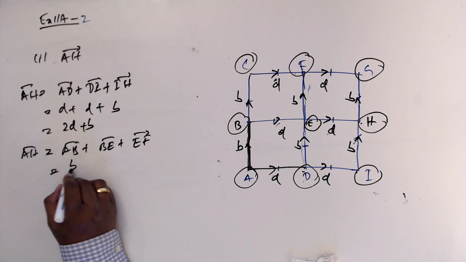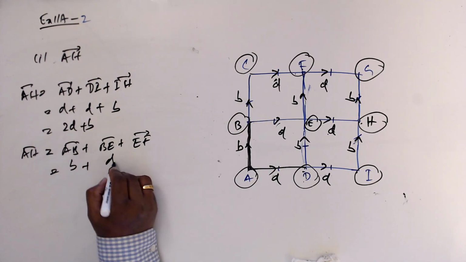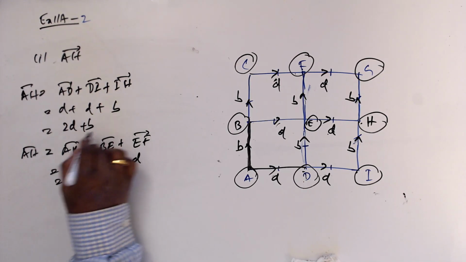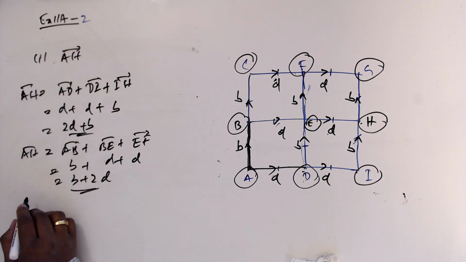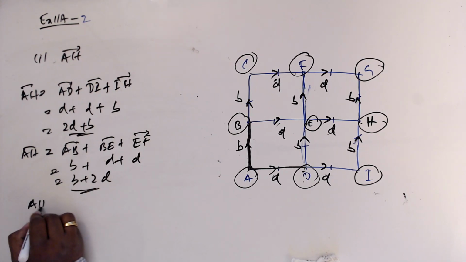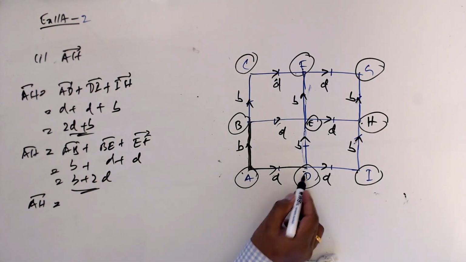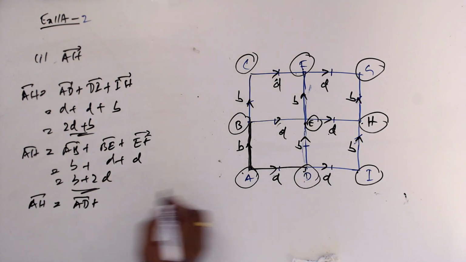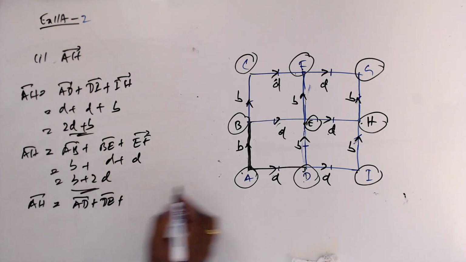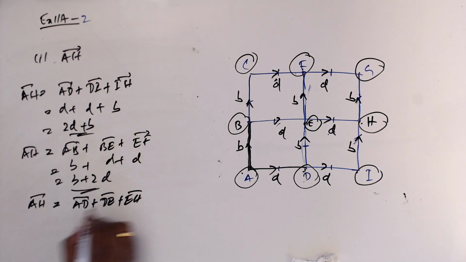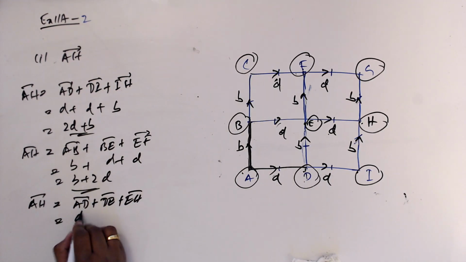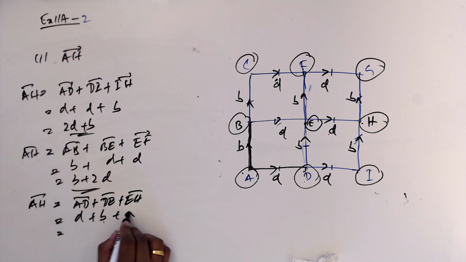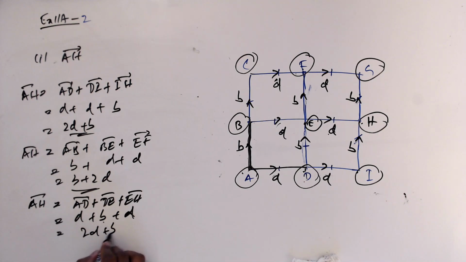AB is B plus BE is D, B plus 2D. Answer has to be the same. Again AH, you can go AD, this route, and DE and EH. So this is D plus B plus D, 2D plus B.